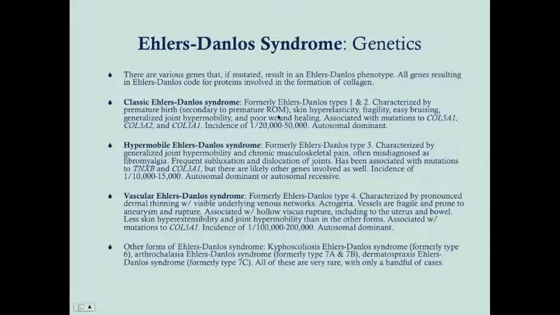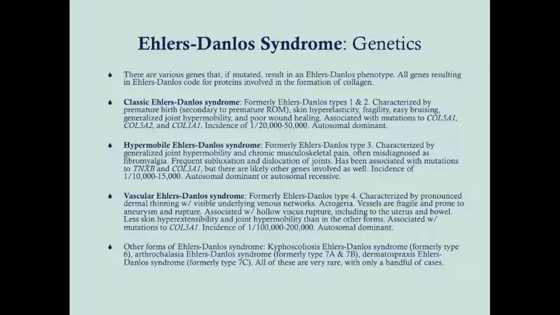Those are the symptoms we typically associate with Ehlers-Danlos syndrome, and this is what we see in the classic form. This is associated with mutations to type 5 collagen and type 1 collagen. It has an incidence of 1 in 20 to 50,000, and this is inherited in an autosomal dominant pattern.